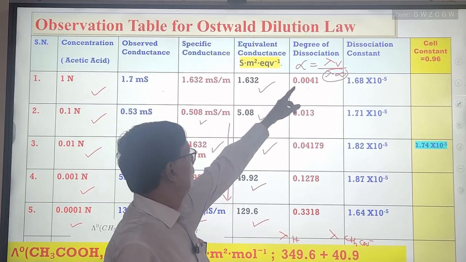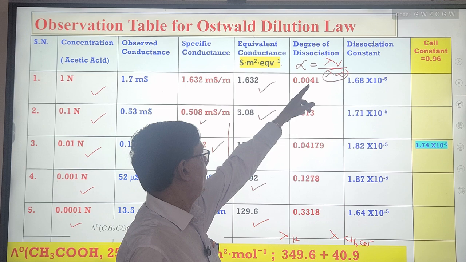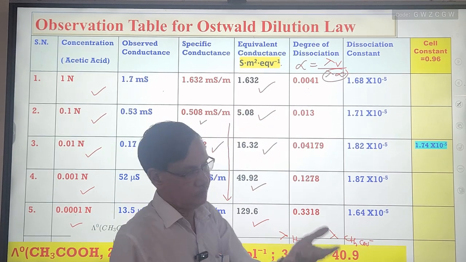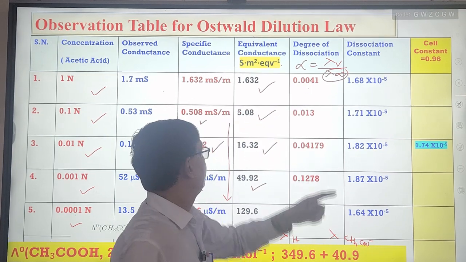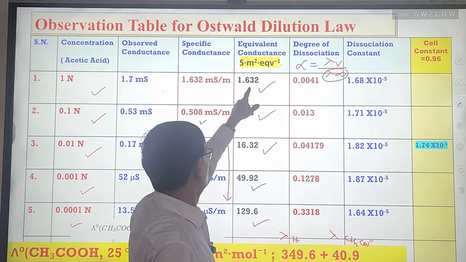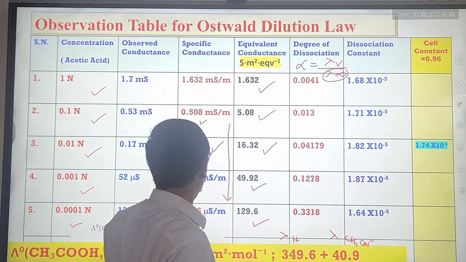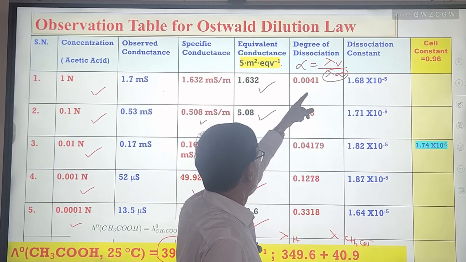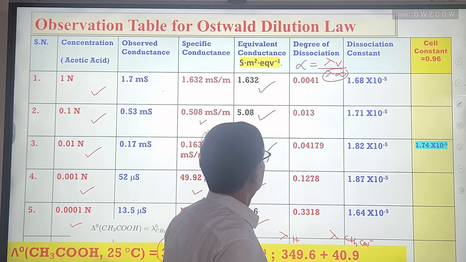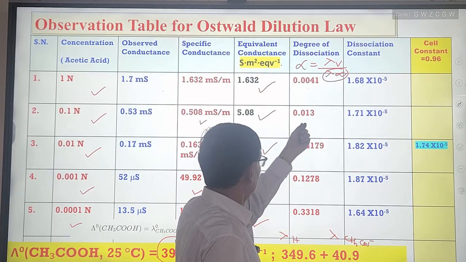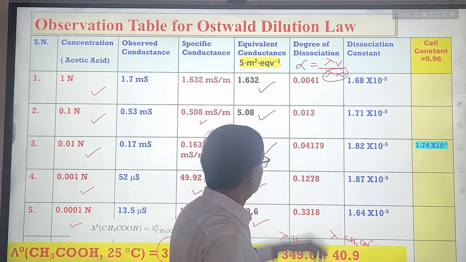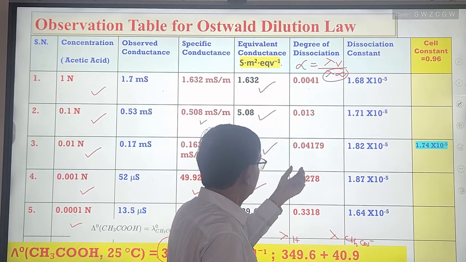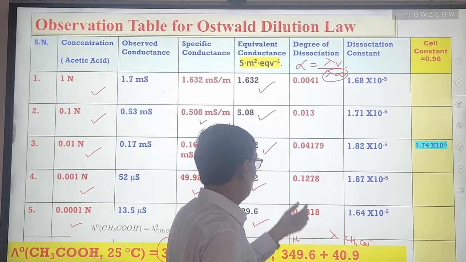So alpha is equal to the ratio of equivalent conductances. You can check it with your simple calculator: 1.632 divided by 390.5. So in the first case 0.0041, then 0.013, 0.041, 0.12.